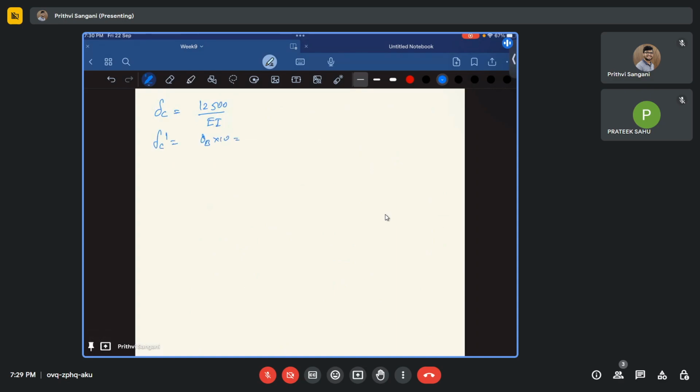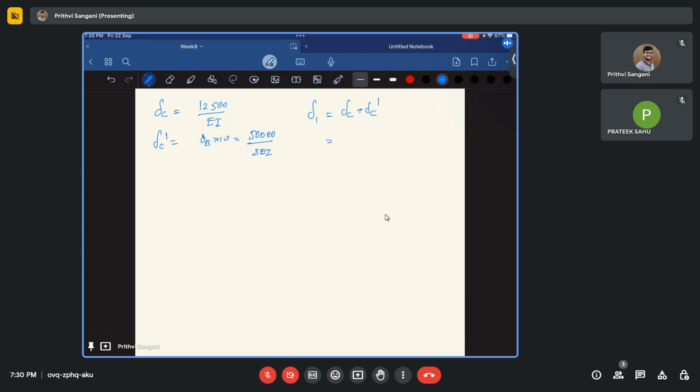And what is theta B? It is 5000 times 10, which is 50,000, by 3 EI. With this we have found delta 1, which is nothing but delta C plus delta C prime.